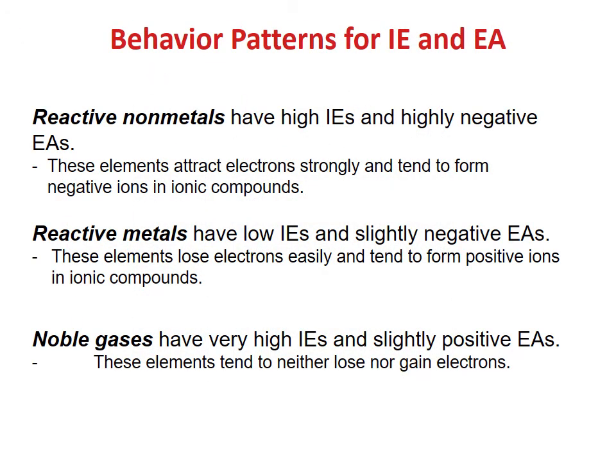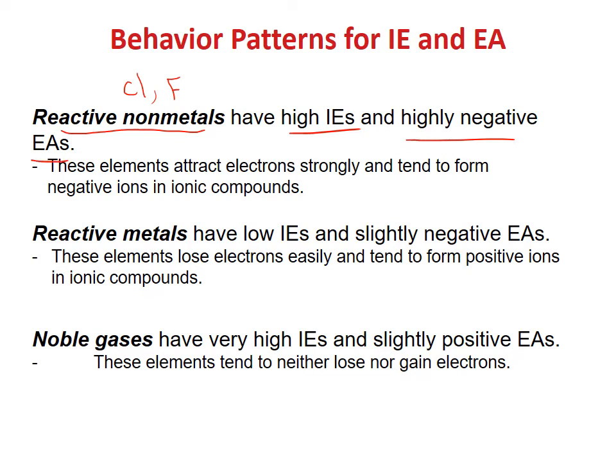In summary, reactive nonmetals such as chlorine and fluorine have high ionization energy. Ionization energy is the energy to remove an electron. These elements don't lose electrons easily, so it needs a lot of energy. So they have high ionization energy and high negative electron affinity.